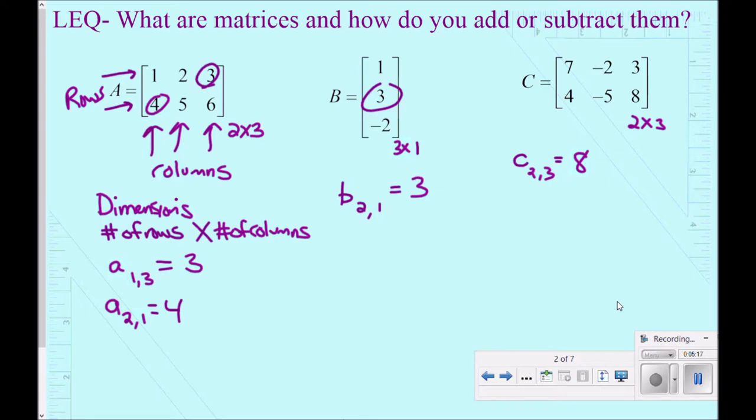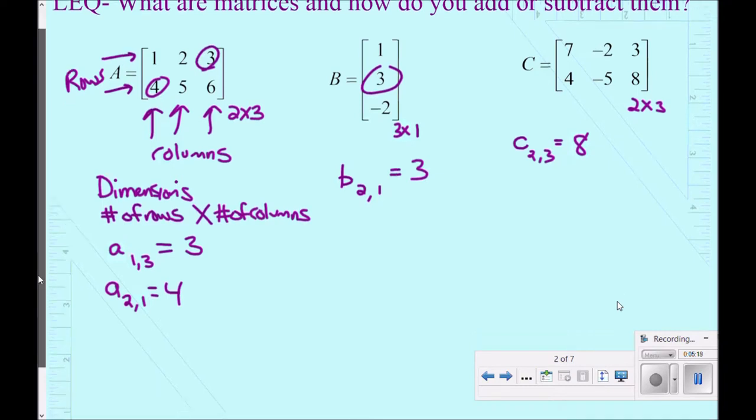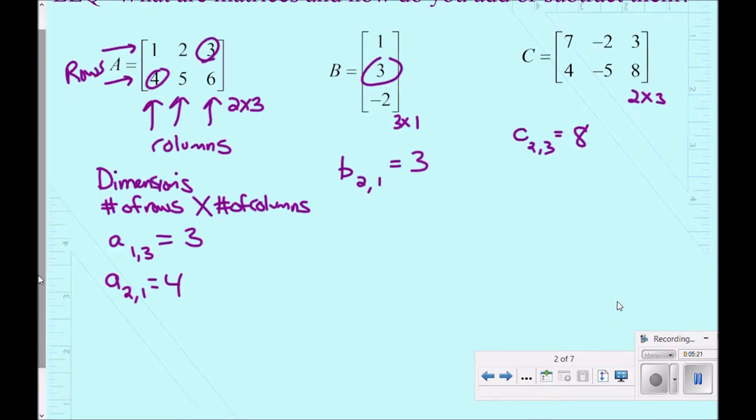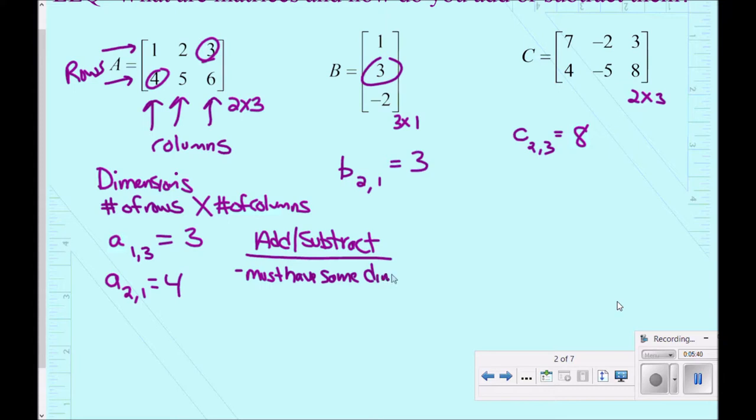The next thing that we need to talk about is adding and subtracting matrices. First of all, the matrices must have the same dimensions in order to add or subtract.